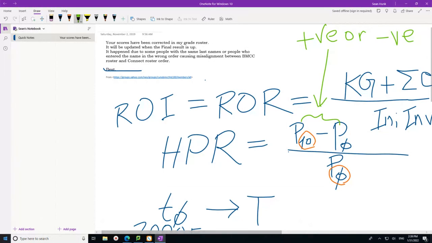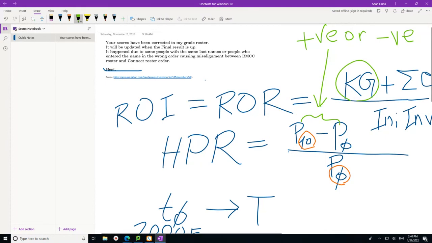We want it to be positive. But it can be negative as well. If it is positive, it's called capital gains. Of course, if it is negative, it's called capital loss, right? But the capital loss is the same thing as negative capital gain, right?